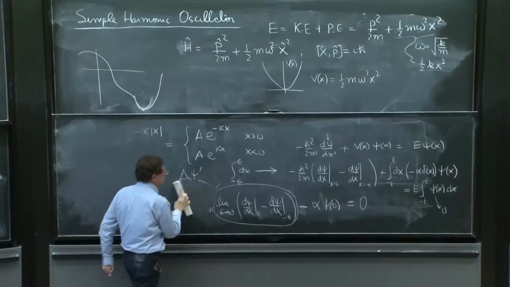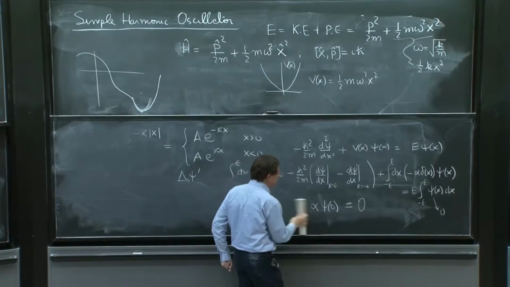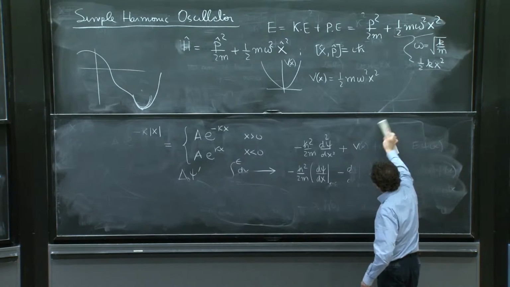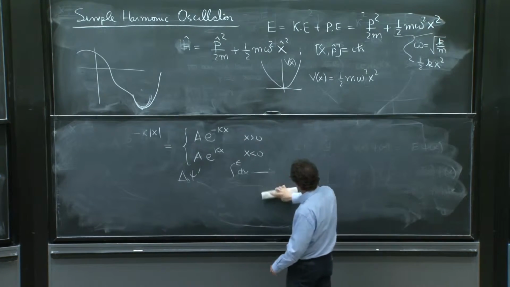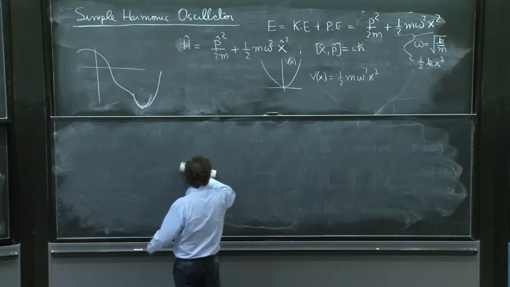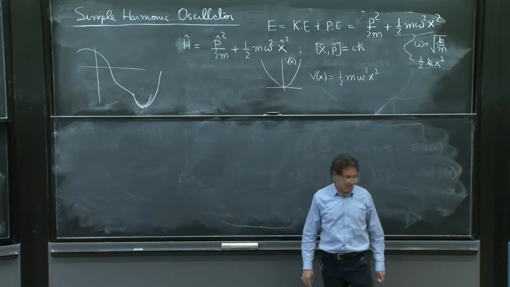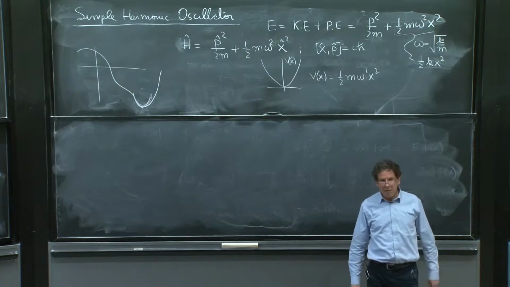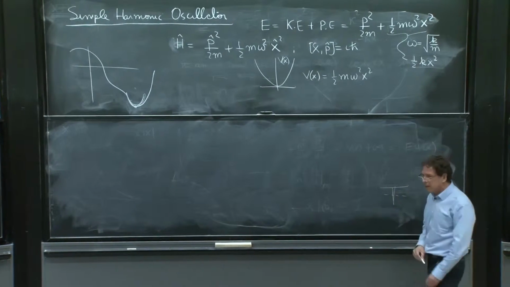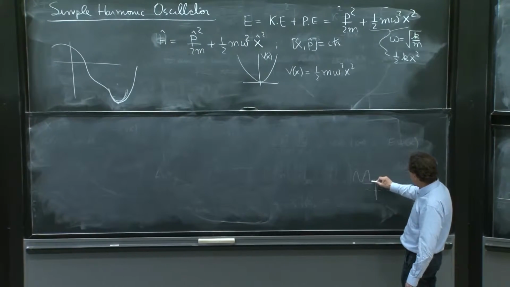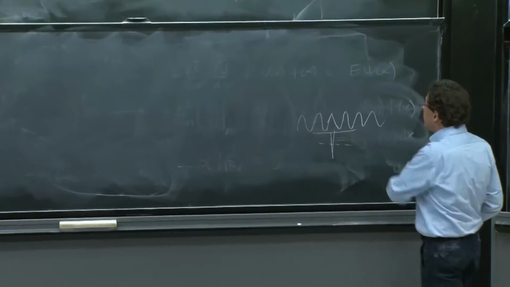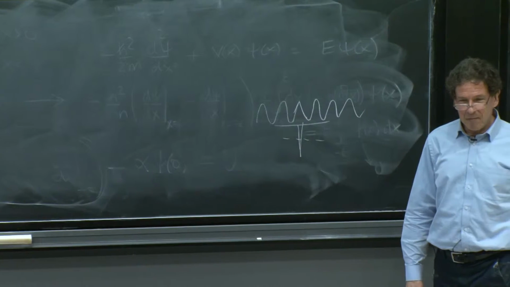So there are two ways to solve this problem of finding the bound states and the energy eigenstates of the harmonic oscillator. This is a very interesting potential, because all its energy eigenstates are bound states. That's not the case for the delta function potential. In the delta function potential, we found one bound state, but the rest were unbound states with positive energy.